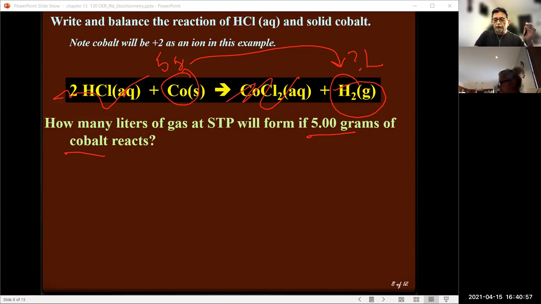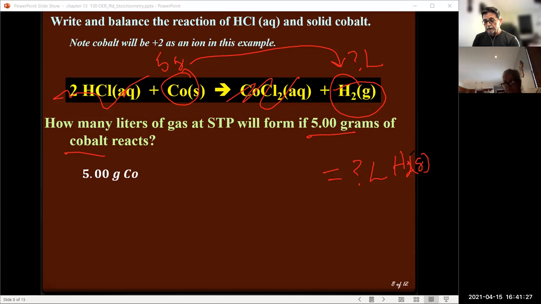Okay, so I got it all set up. Now I know what I need to do. I write down what I'm given. I'm given 5.00 grams of cobalt. And I don't have it here, but I should also note that for my sake, I also write down that eventually I'm going to have some factors equal to liters of H2.